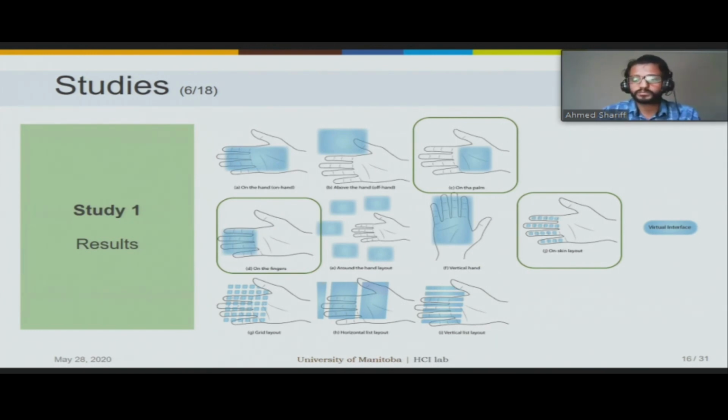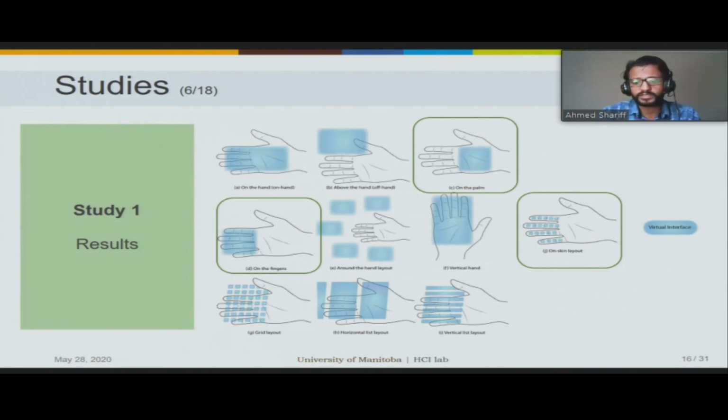Some preferred using the palm for certain applications. For example, for the video player, given that we'd be moving our fingers a lot, having the display on the fingers might be too distracting, so they preferred the palm. Others preferred having the interface on the finger area because they felt it's easier to interact with.